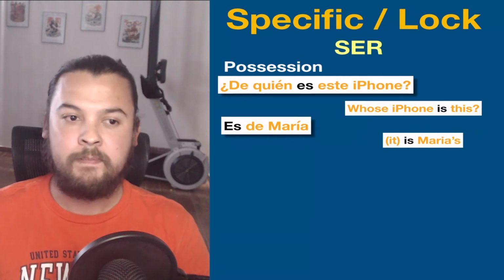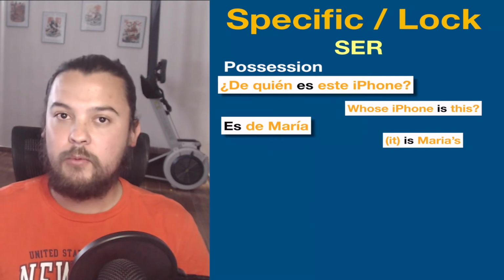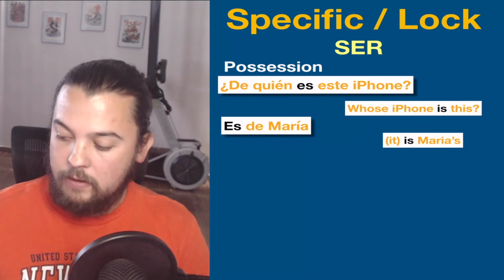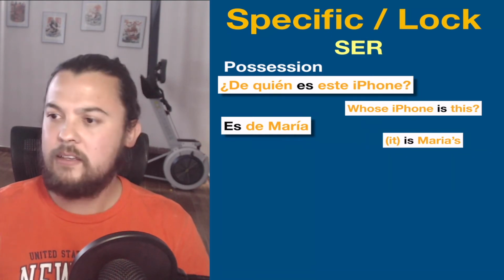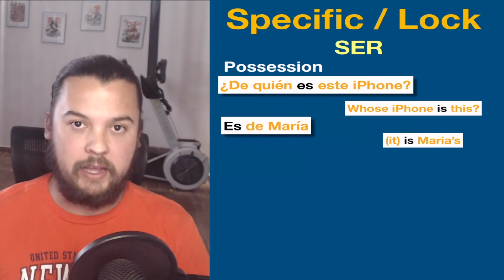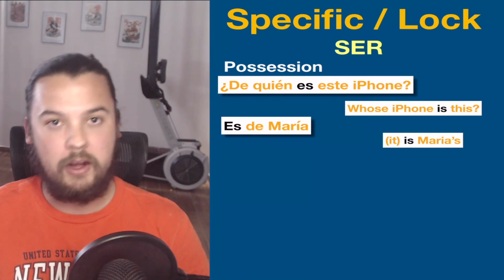It is María's. Notice that we don't have an of in the possession from that María's part. We instead use de. So if you have a phone, and I want to say, ¿de quién es este teléfono? I would say, es de Carlos. Es de. It is Carlos's.